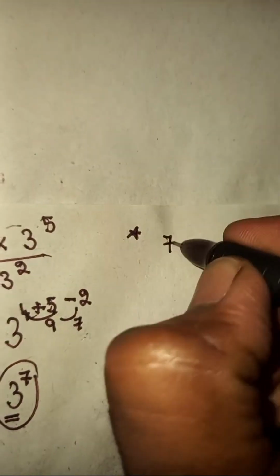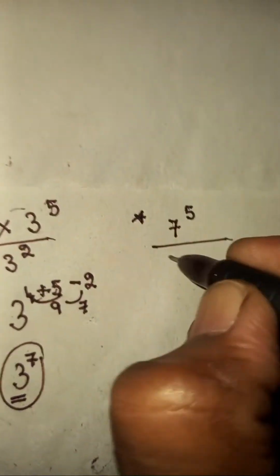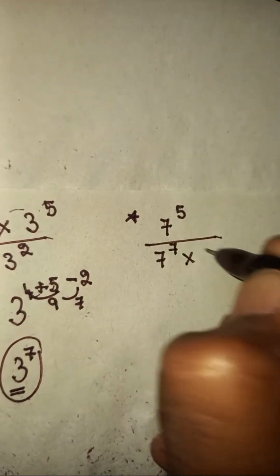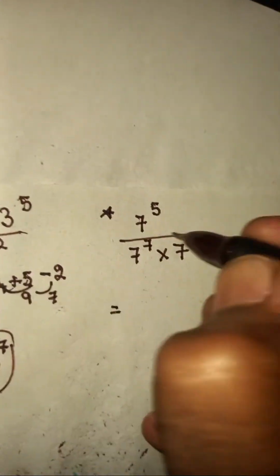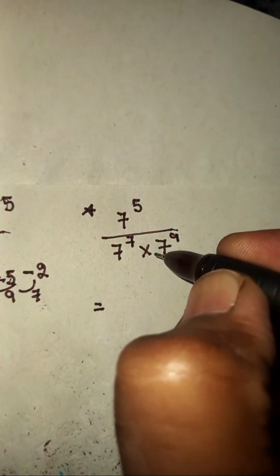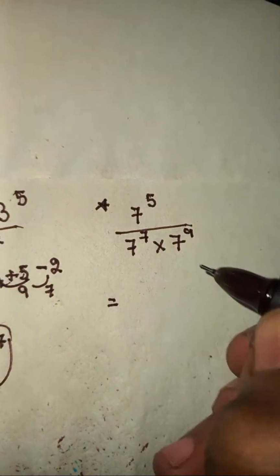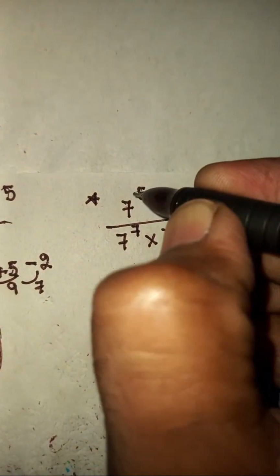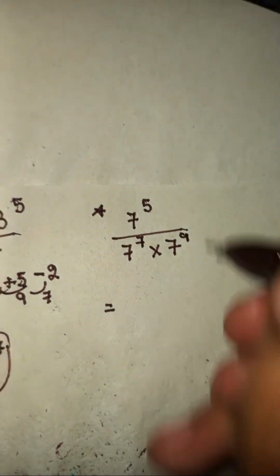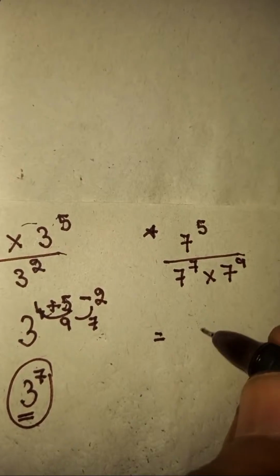Let's take 7 power 5 divided by 7 power 7 times 7 power 9. Here also you can take this complete number to the denominator, or you can take it to the numerator. Since the powers are more in the denominator, let's shift the above number down.